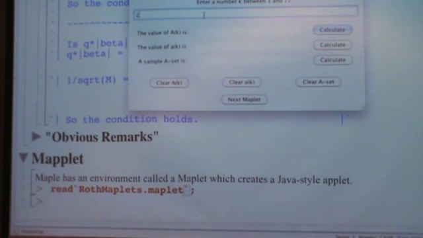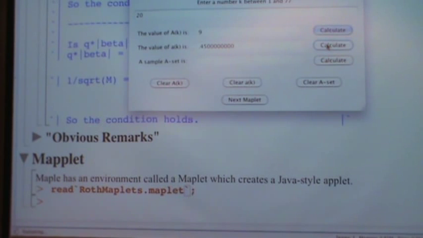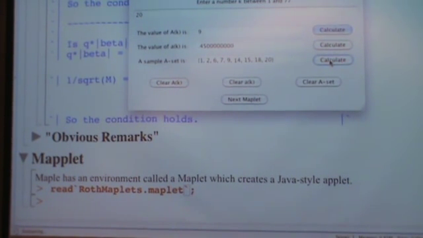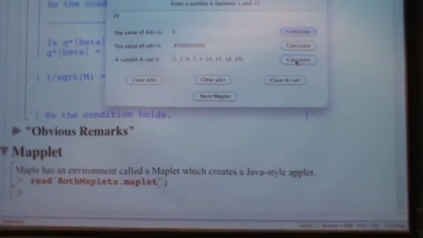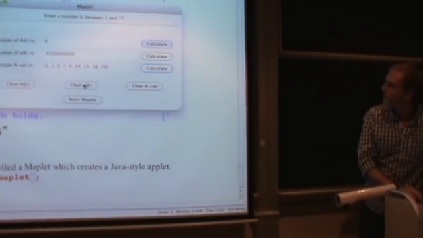So we're entering a number, in this case 20, and we can calculate all of these features. It uses Maple and all these programs that I've already defined, which is why you need to have Maple installed on your system. But it's fairly nice, and you can get it to do things.